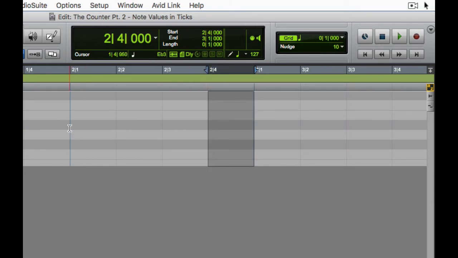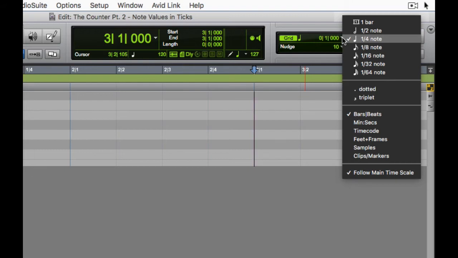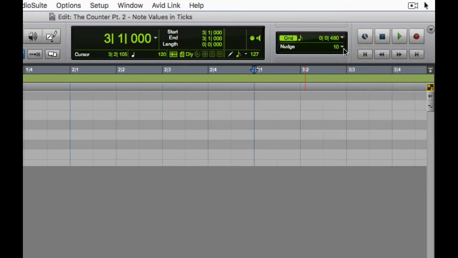And when I drop my cursor in grid mode, you can see that the counter updates to the different beats within each bar. Let's go down to 8th note, and now here's where those numbers 0 to 960 start coming in, okay? Now, my grid for an 8th note is worth 0 bars, 0 beats, and 480 ticks.